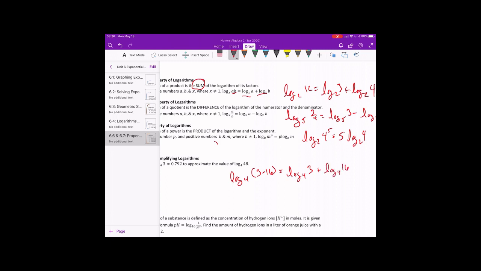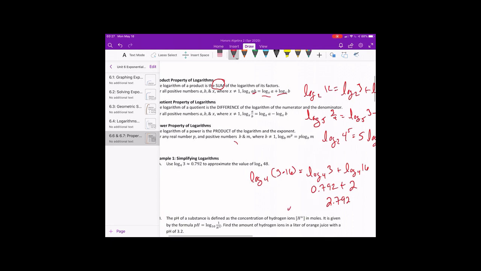And I know that log base 4 of 3 is 0.792 approximately. It's an irrational number. And then log base 4 of 16 is going to be 2, right? Because 4 squared is 16. And so my final answer here is that log base 4 of 48 is approximately 2.792. Okay?